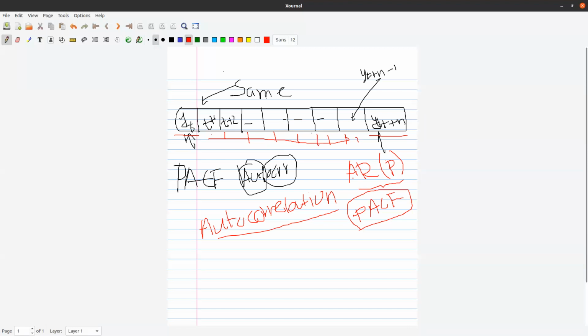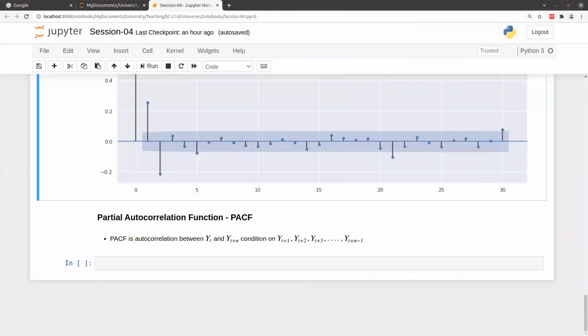If p equals 2, we consider the previous 2 values, and likewise. The PACF function tells us the optimum number of previous values to be considered in the AR process. It calculates the correlation of y_t and y_{t+n} conditional on the in-between values.